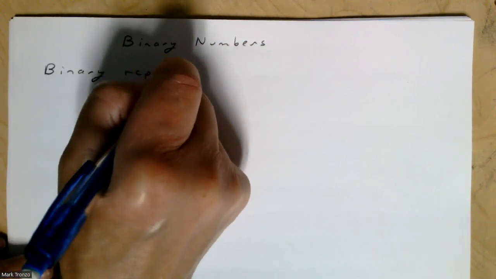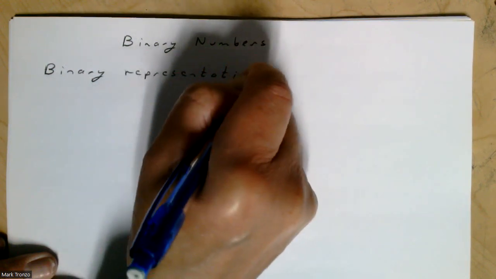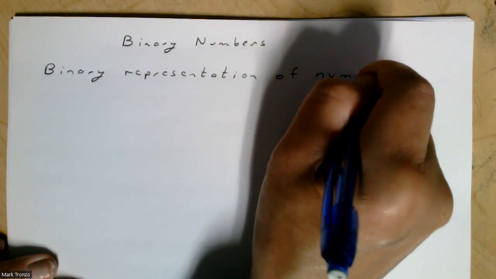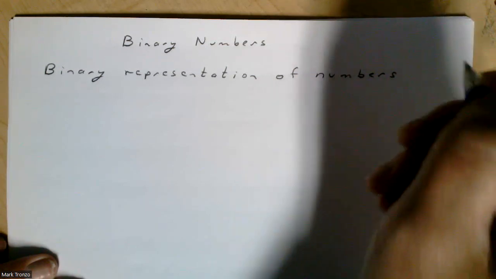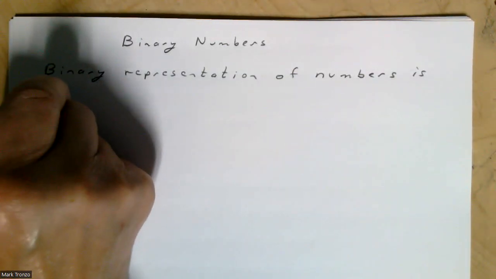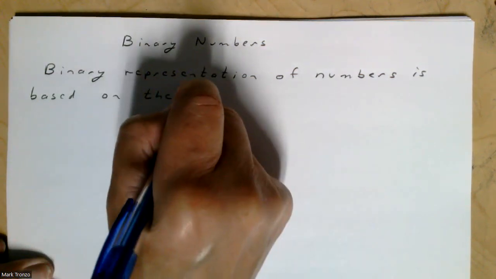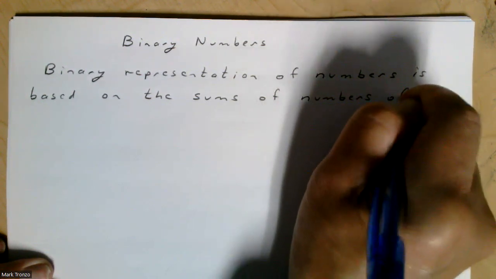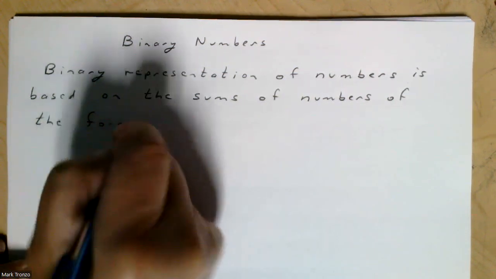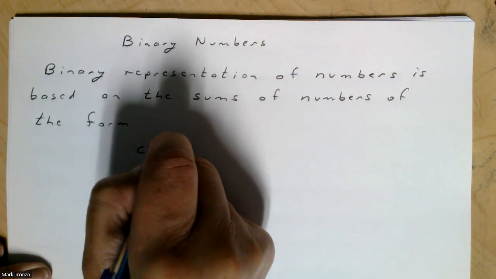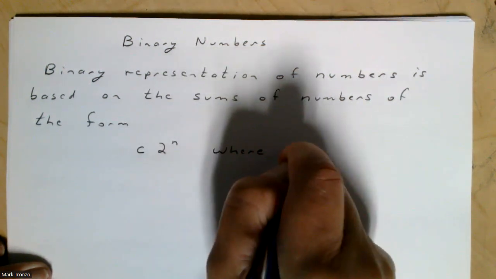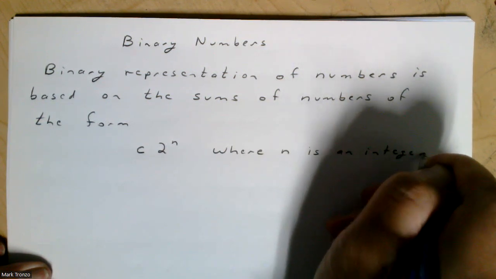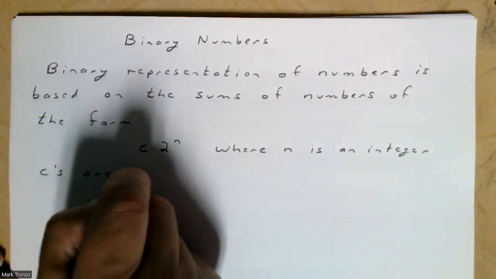Binary representation of numbers is based on the sums of numbers of the form C, once again, some constant, times 2 to the n, where the n's are integers. And once again, the C's are constants.